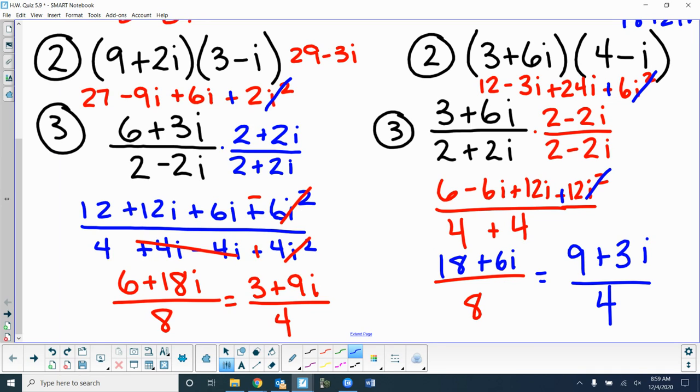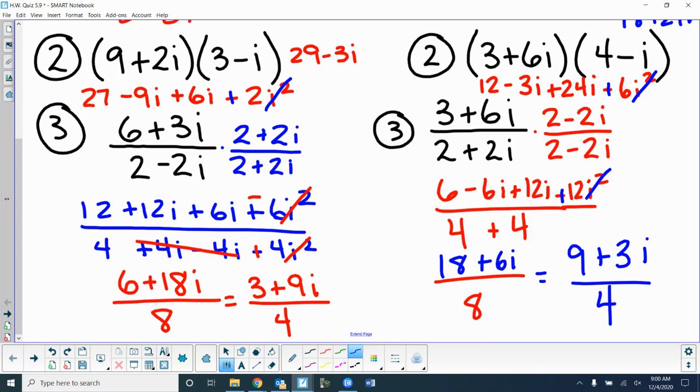Really, on number one already, Grant? You gotta find the vertex.